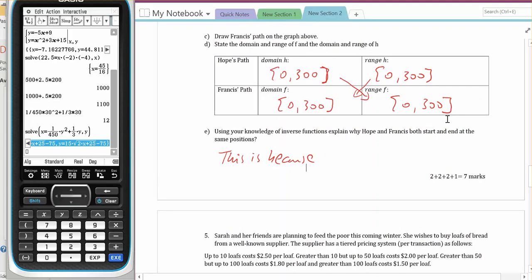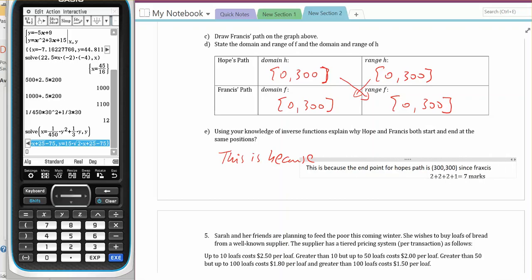I might type this in. This is because the endpoint for Hope's path is (300, 300).